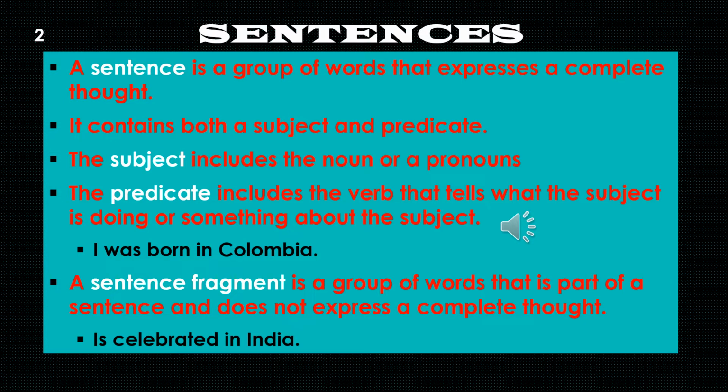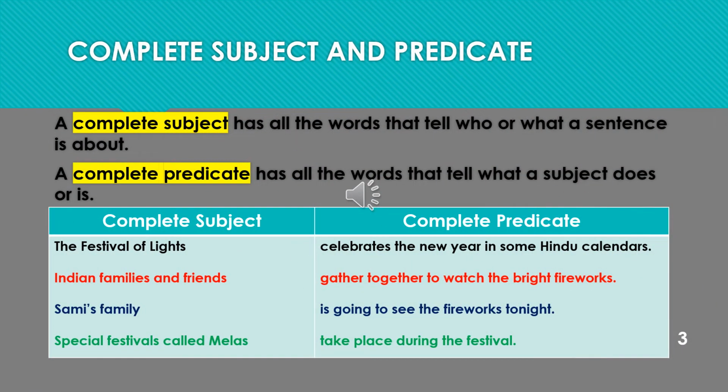let's continue talking on the next page about sentences. This is page number 3. And the title is Complete Subject and Predicate. A complete subject has all the words that tell who or what a sentence is about.